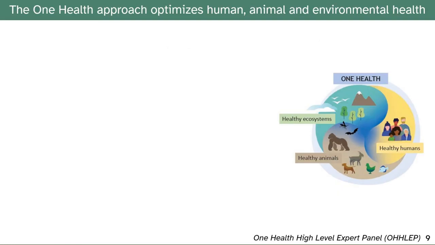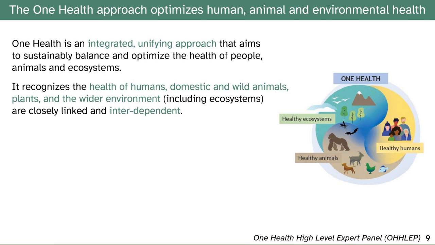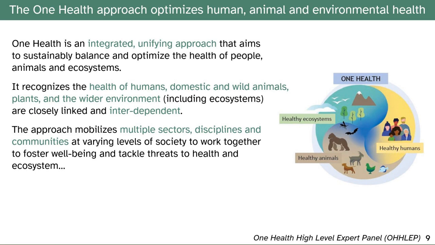The One Health high-level expert panel defines One Health as an integrated, unifying approach that aims to sustainably balance and optimize the health of people, animals, and ecosystems. It recognizes the health of humans, domestic and wild animals, plants, and the wider environment are closely linked and interdependent.